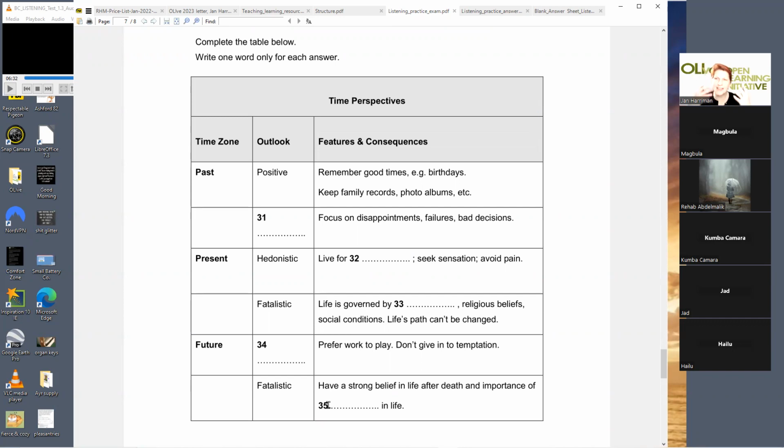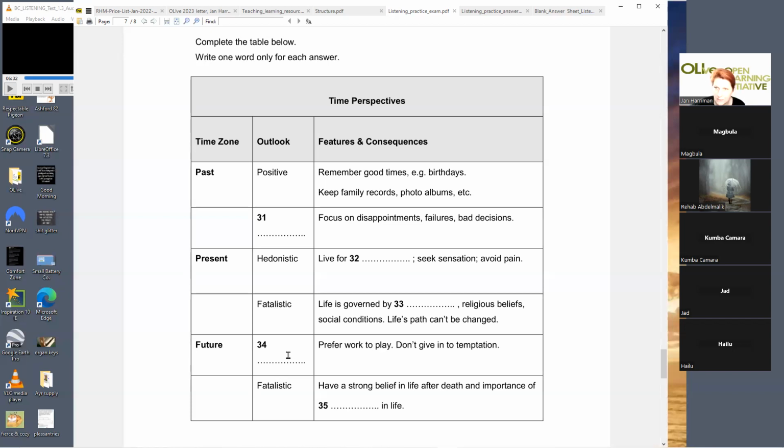All right. So now we've got that pattern. A little bit hedonistic. Maybe, but they've done different. The past, they said positive and we think negative. The present, they said hedonistic and fatalistic. So this could be hedonistic.